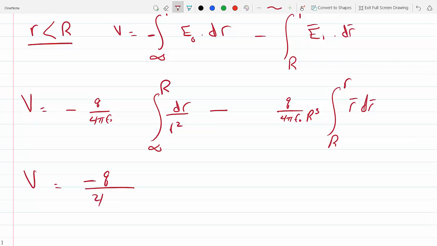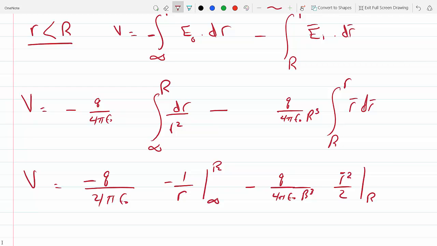So this is minus Q over 4 pi epsilon, minus 1 over r from infinity to r, minus Q over 4 pi epsilon R cubed, r squared over 2 from big R to small r.